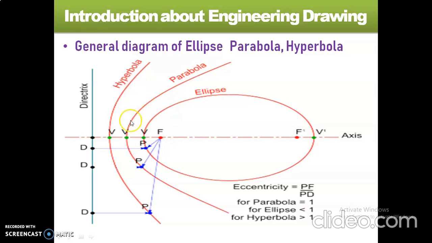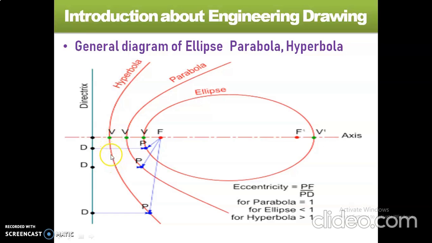This is focus point 1 and this one is focus point 2. And similarly this is a parabola shape. For a parabola we have a vertex point, this one, and this one is the focus point. This is a hyperbola, this is a vertex point and this one is a focus point. So what is a vertex?